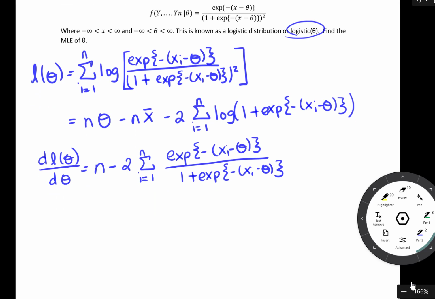Then the next thing we would want to do is set this equal to 0 and solve.